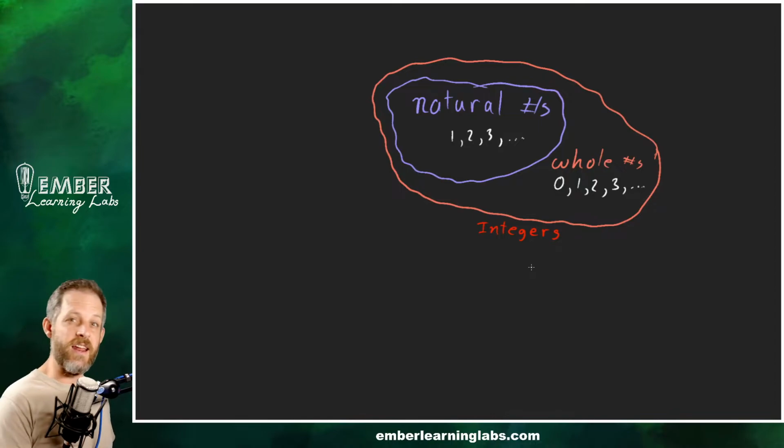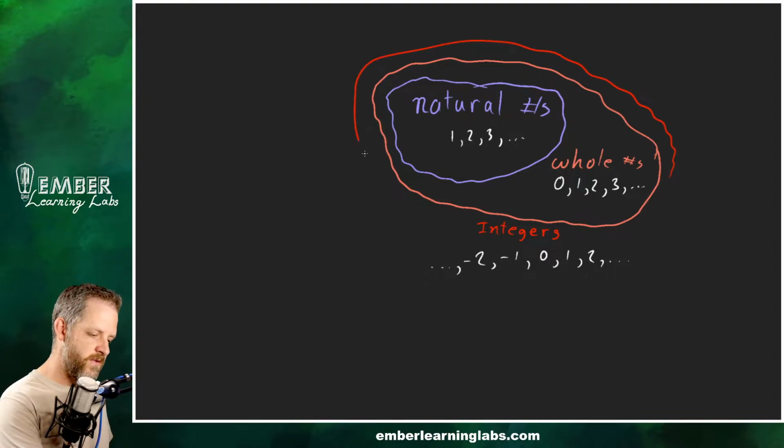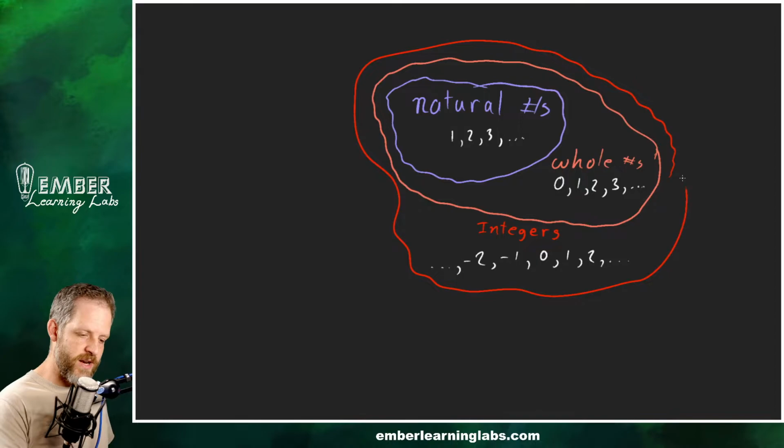But it also gets negatives, right? So -2, -1, 0, 1, 2, and etc. in both directions, right? So it's positive and negative whole numbers that are the integers. Okay, so that's our next set in this crazy amoeba.